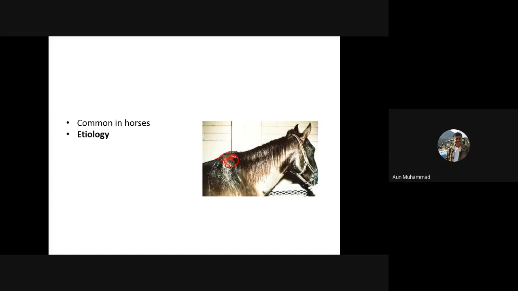Similarly, bad conformation of the animal, such as of the forelimb, or an animal that is not properly fed or is not in very good health condition. These weaker animals are usually more susceptible to the development of this sort of issue.